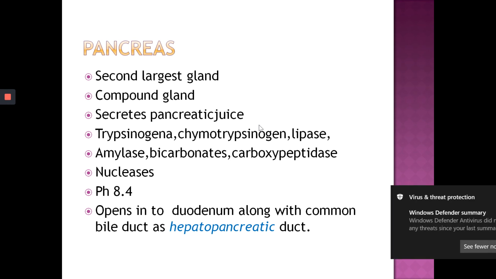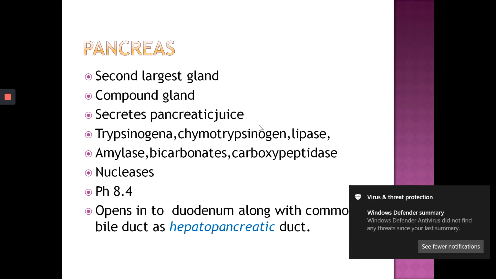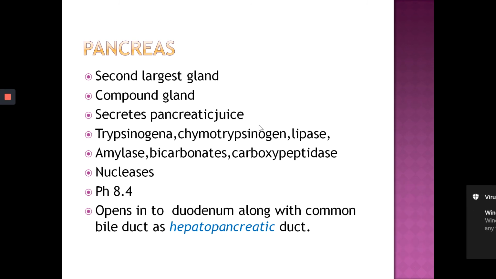The active form doesn't contain the suffix gen. So pepsinogen is the inactive form. Likewise, trypsinogen and chymotrypsinogen are inactive forms of the active enzymes trypsin and chymotrypsin.